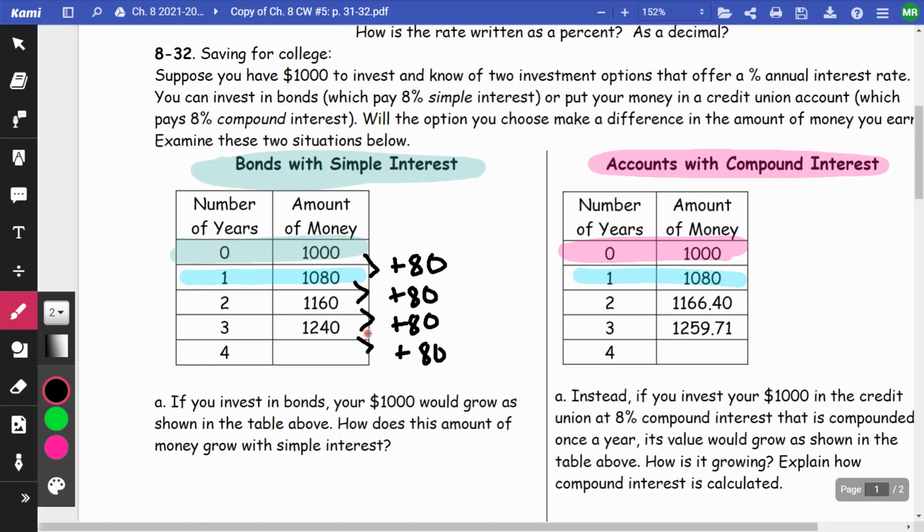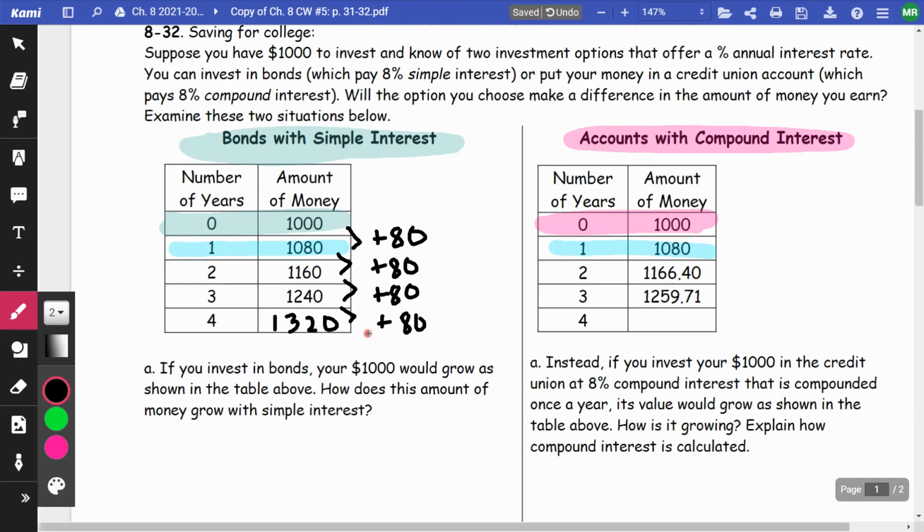So if I add 80 onto 1,240, I am going to get, so what am I doing? 1240, and I'm adding on 80. I am going to get 1,320.